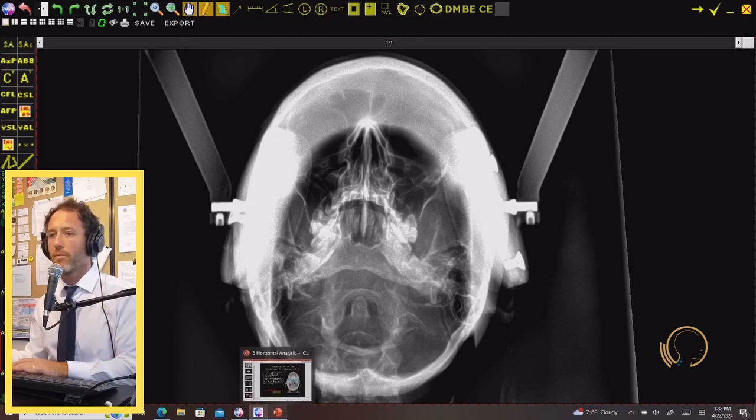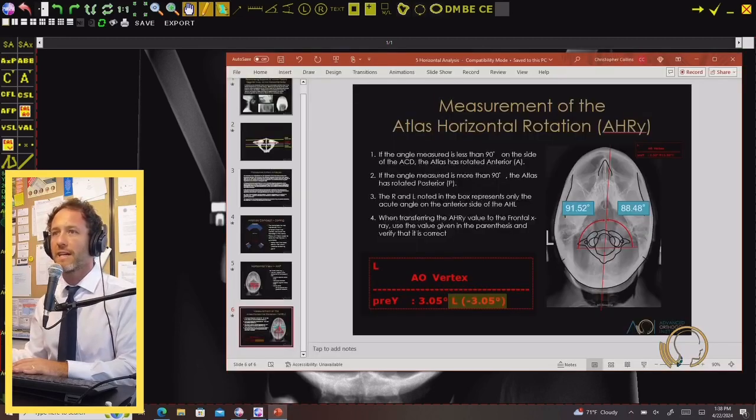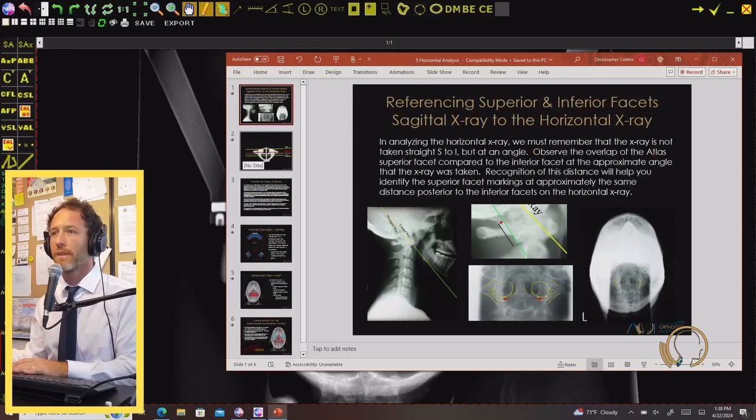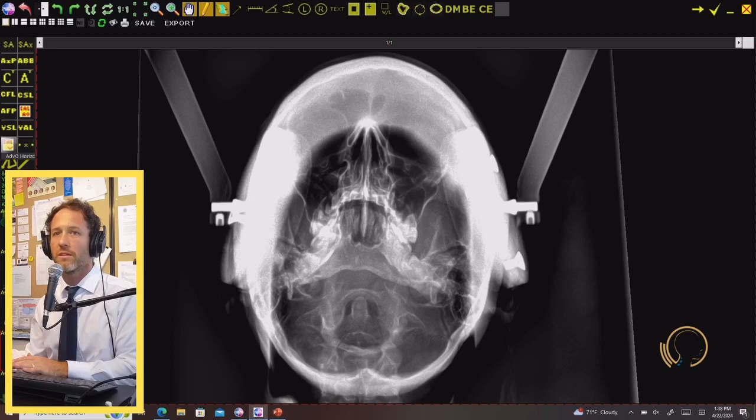And just by way of introduction with these slides, I thought these were really helpful. Basically, you're making two lines on this film, but there's a lot of nuance here. One, we are getting the horizontal cephalic line, which on your software is going to show up as the VSL, and then you'll see VAL, and that's going to be that atlas horizontal plane line.